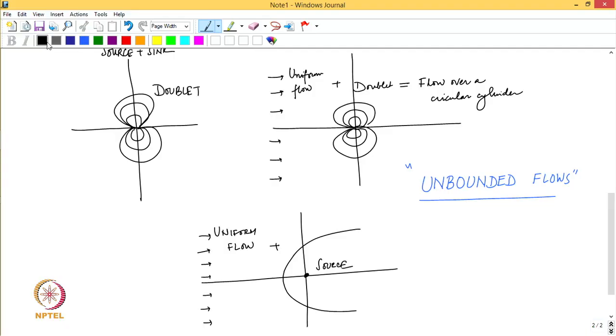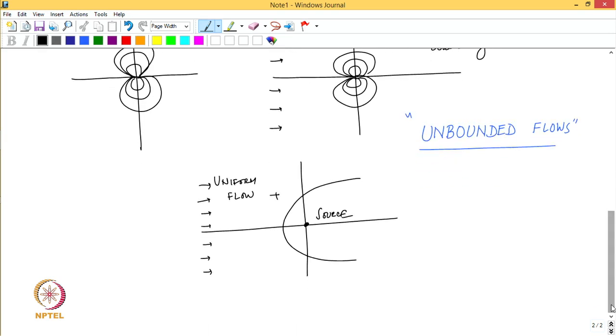Now, in most practical problems that we encounter, we typically have the presence of a rigid boundary, which constrains the flow in a specific zone. So, in those cases where the flow is not unbounded, rather it is bounded, we rely on what I call the method of images.